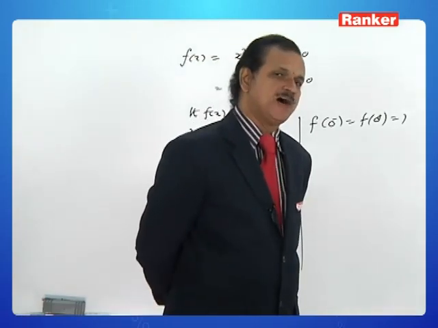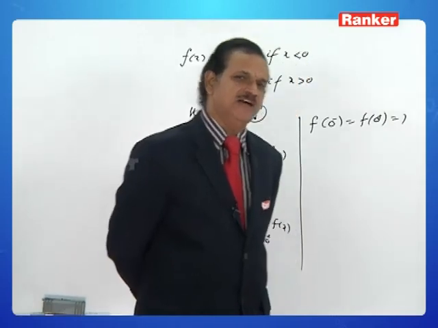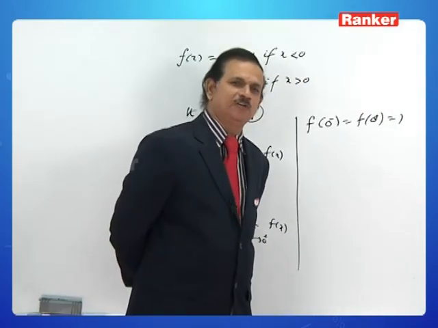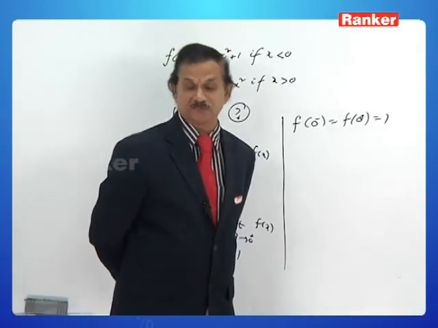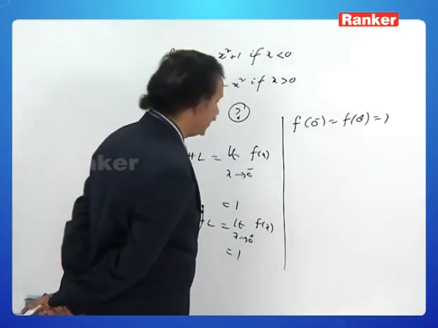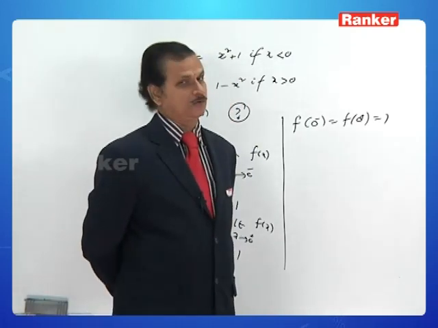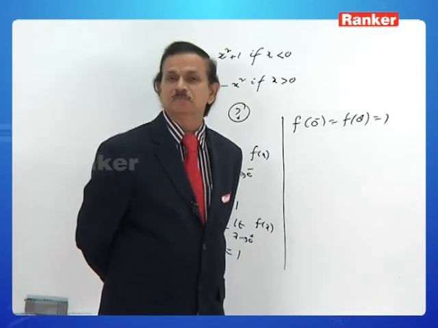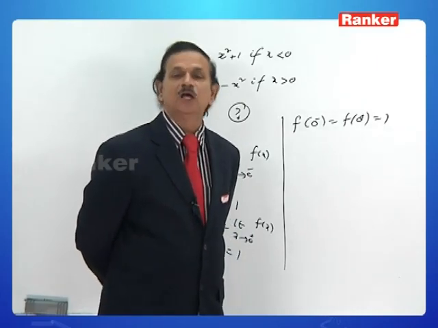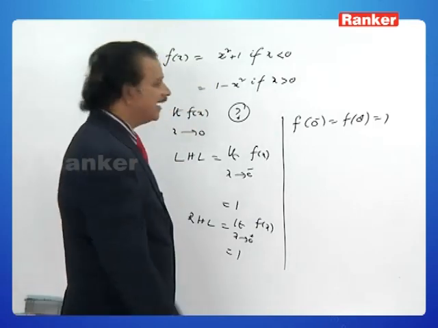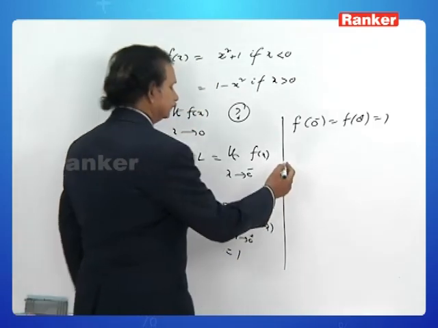We need not bother about whether the function f is defined at x equal to a or not. We have seen here in this example, the function f is not defined at x equal to 0. Even then, limit of f of x as x tends to 0 is existing. The answer is 1.